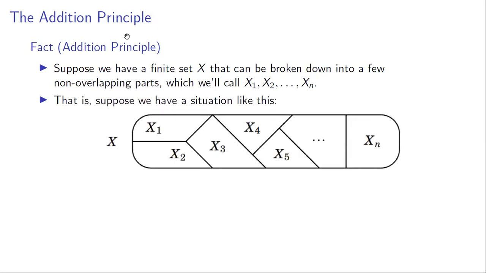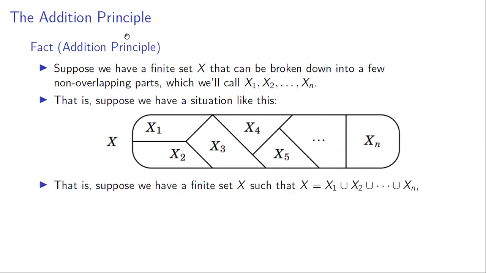That is, suppose we have a situation like this. We have a big set X, and it can be completely broken down into n different parts, n different subsets, you might say, and there's no overlap among them. Here's a more formal way of putting it. Suppose we have a finite set X such that X is equal to X1 union X2 union all the way through Xn.